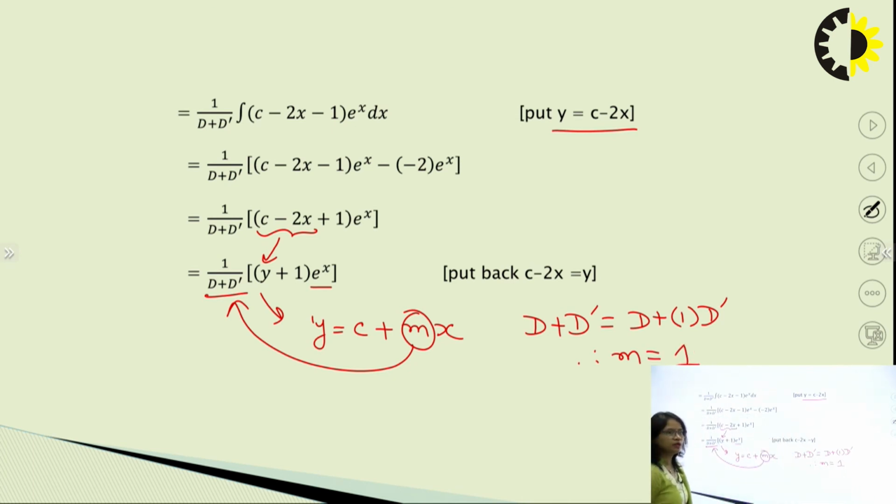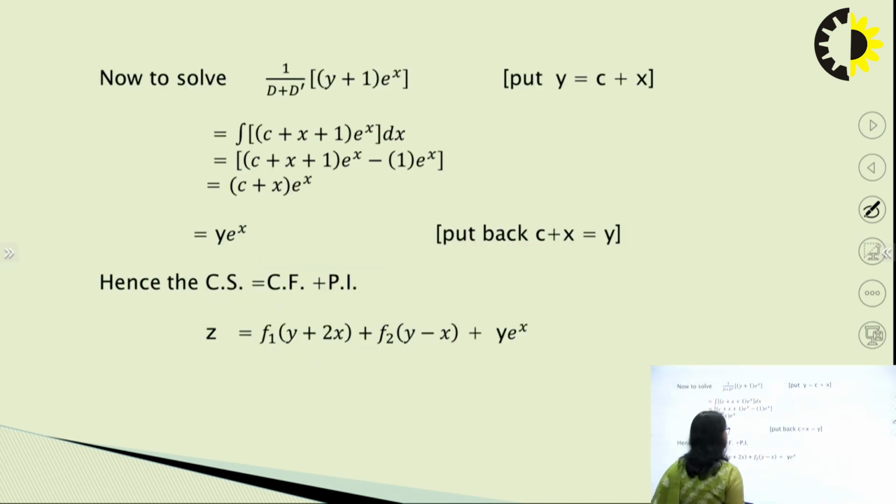So m equal to 1 gives me y as c + x. So now if I apply this factor D + D' on (y + 1) e^x, I need to replace y with c + x. So let us have a look.